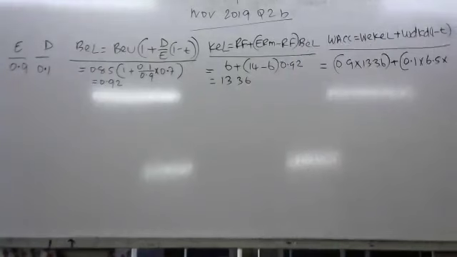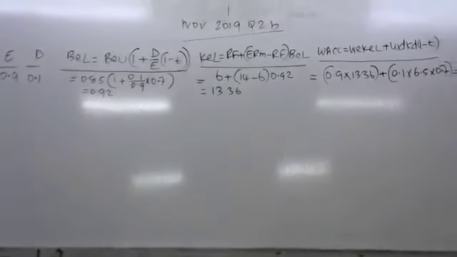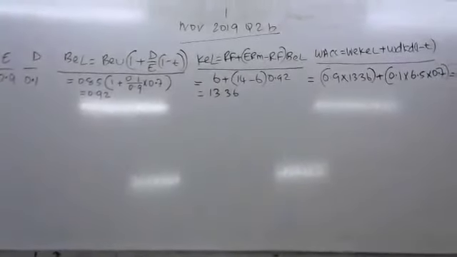So the tax rate was which value? 30%. So this one is the same as multiplying by 0.7, like that.